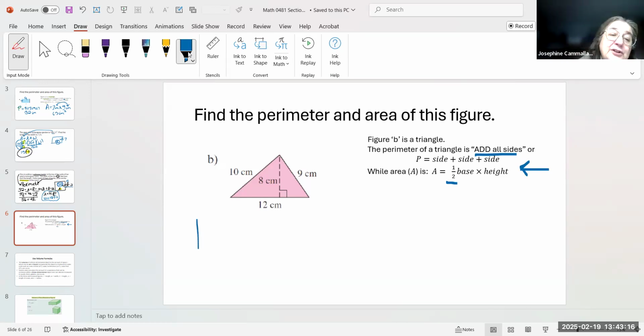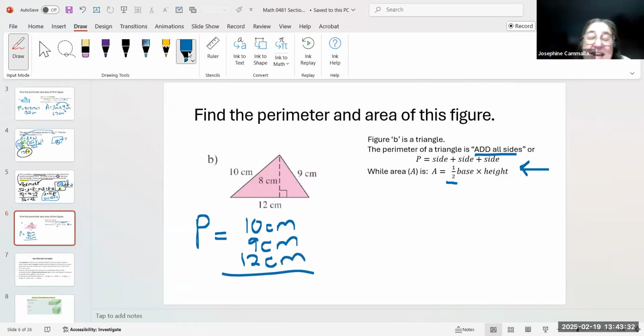Well, here's my perimeter. Now this will be 10 centimeters, 9 centimeters, 12 centimeters. Now, do you notice that 8 was not used for perimeter? Why wasn't it used?